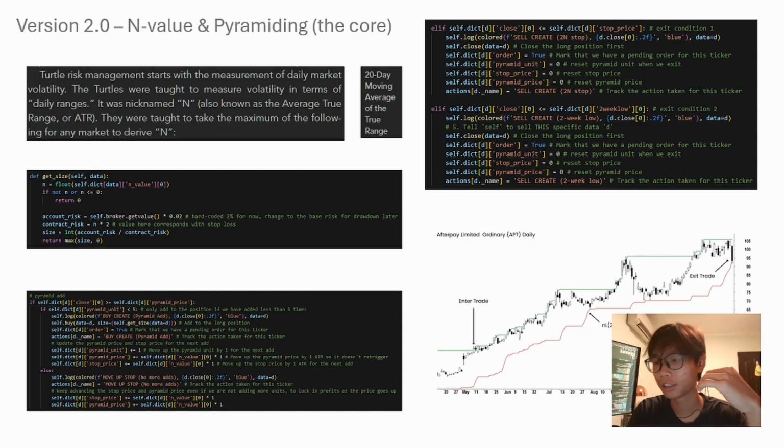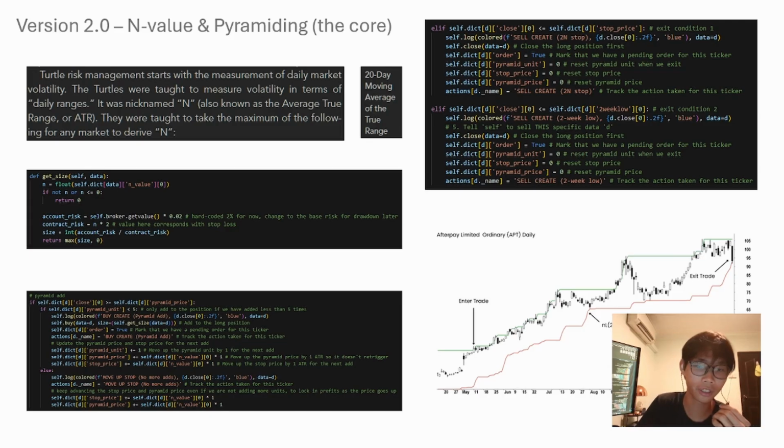Firstly, it is used for the pyramid function, of course. So what's the pyramid function? It states that when you're in a position, whenever the stock moves up one N, so one true range of the stock, you add to the position by buying another unit of the stock.